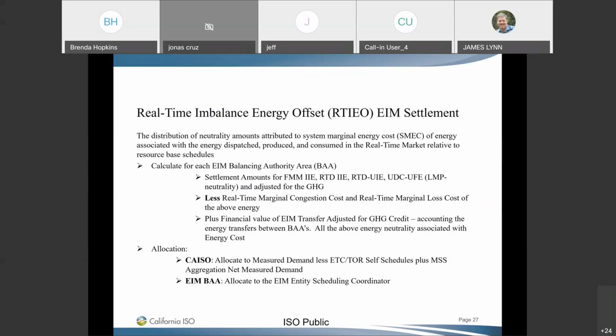Now, when it comes to ISO, we've already accounted for that by accounting for the greenhouse gas obligation settlement. We've compensated the generator for that greenhouse gas obligation. That price is embedded in the California LMP.